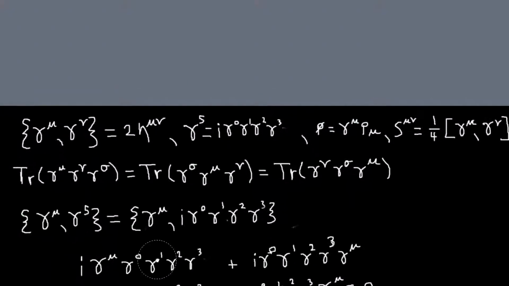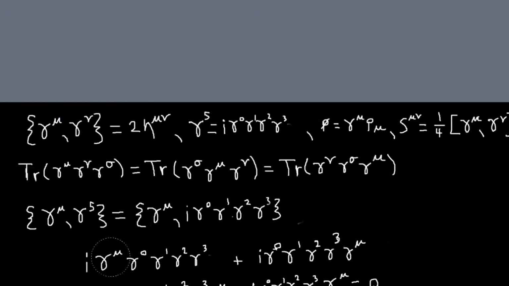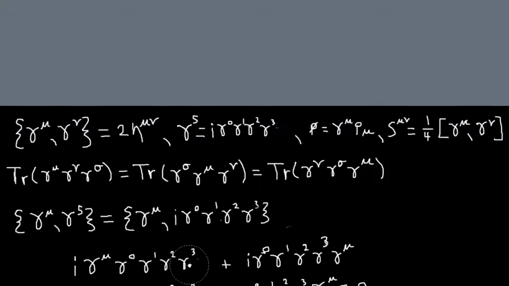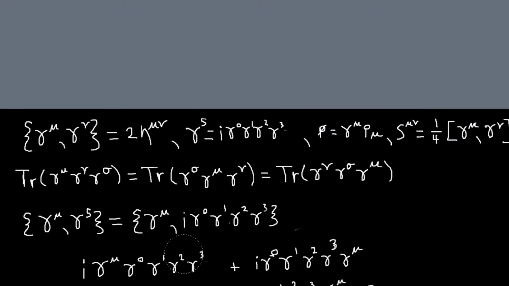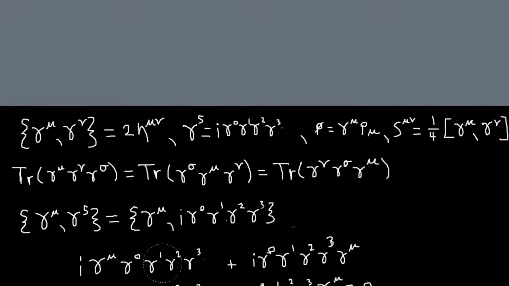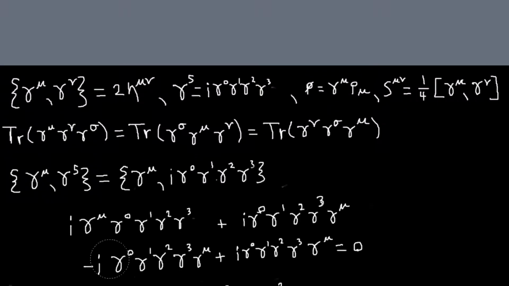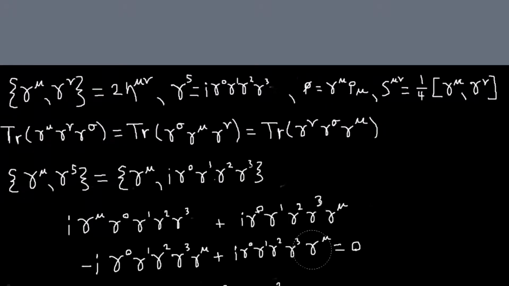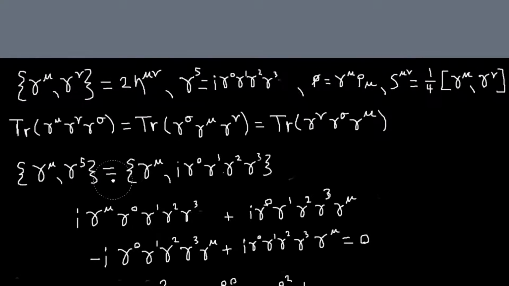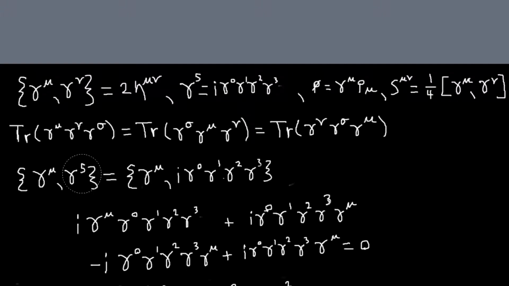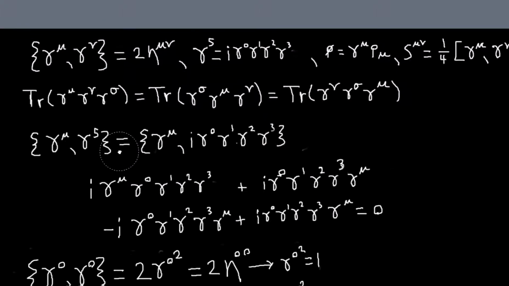If it was gamma 1, I would anti-commute it past this, commute it past this, and then anti-commute 2 more times. So no matter what I choose, I'm always anti-commuting 3 times, so I pick up a minus sign in this term. And so it'll look like this, and then they cancel, so I get 0. That tells me that gamma 5 anti-commutes with all of my gamma matrices, which will be important later.